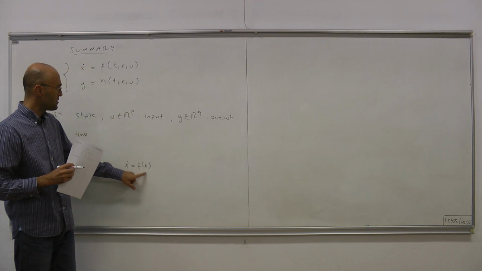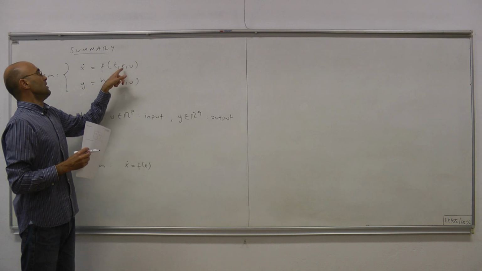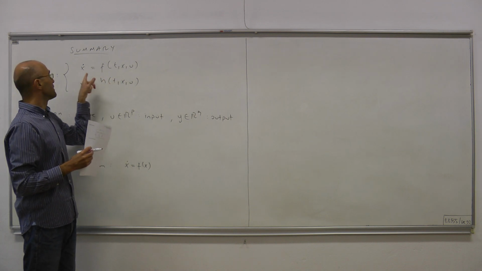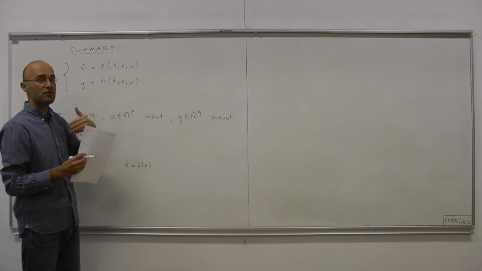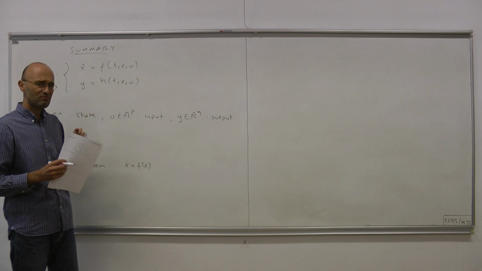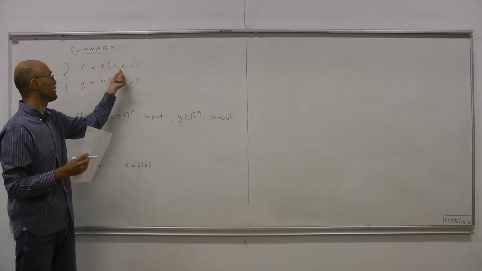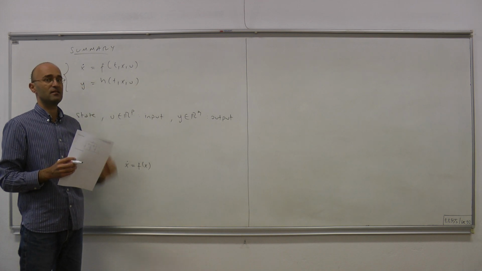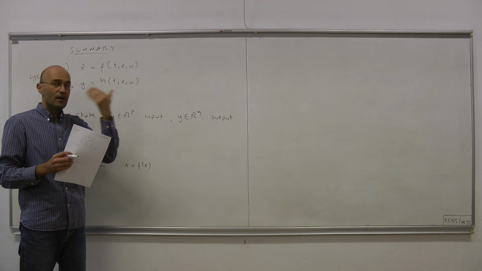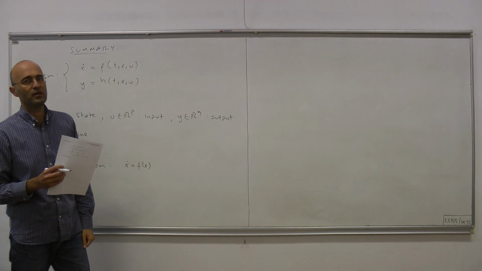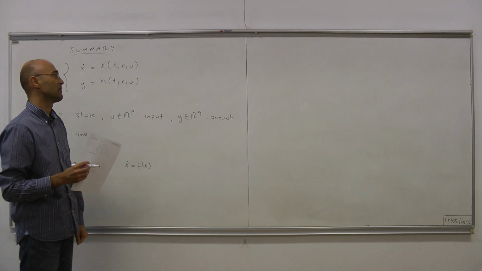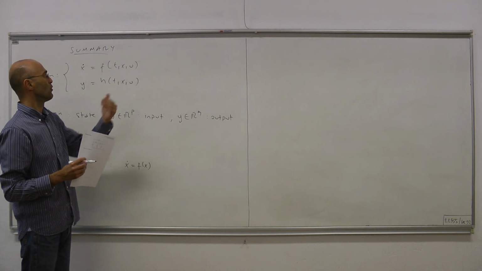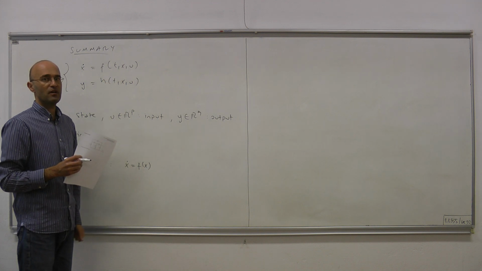Okay, the difference between this and that is the following. To be able to figure out the solution x of t for future time, you need three pieces of information. One of them is the initial condition, x at initial time. The other is the input signal that will be affecting the system for the future, and also the initial time, t.